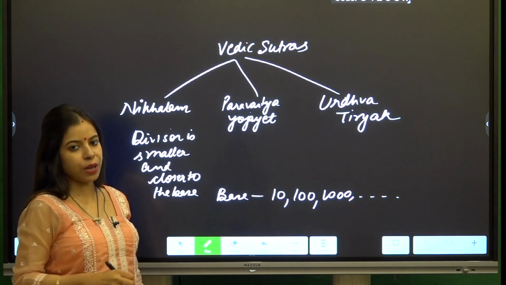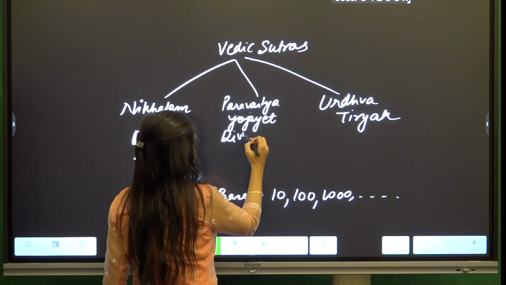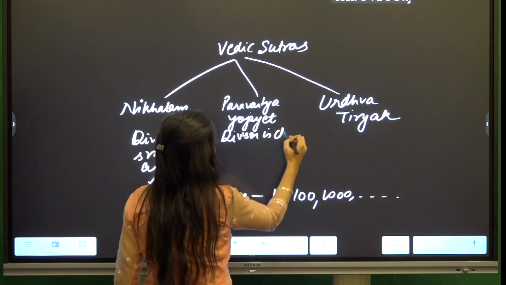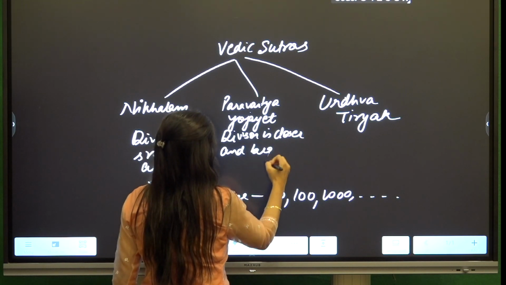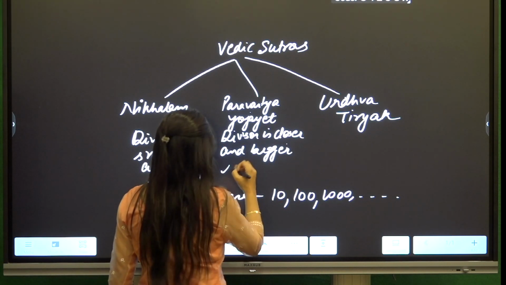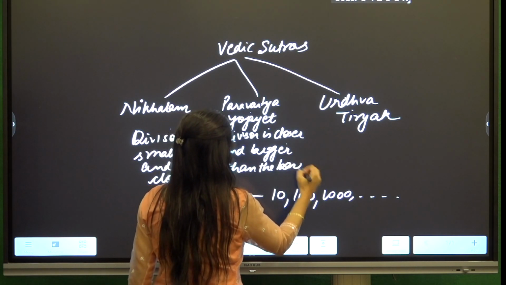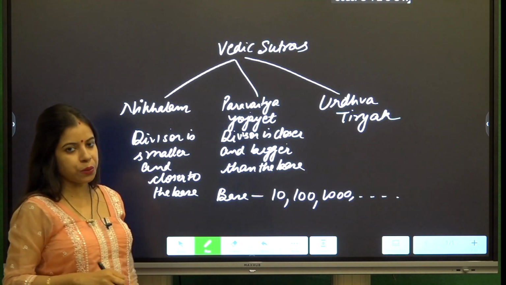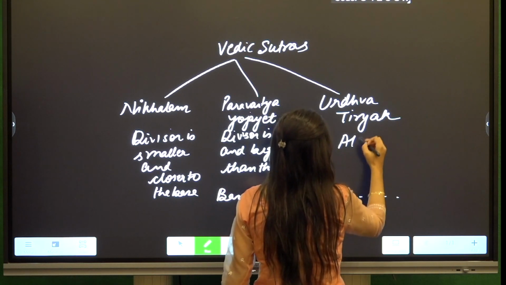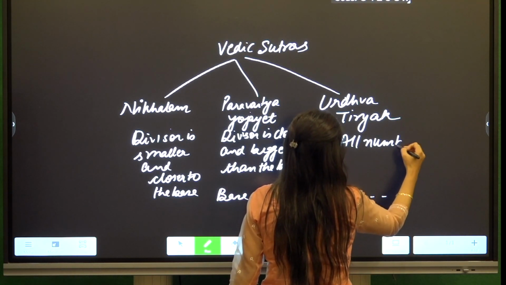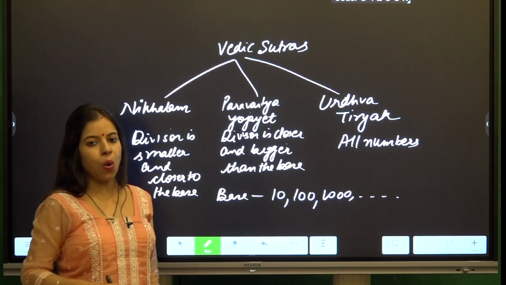The second sutra is used when the divisor is closer and bigger than the base. And the third sutra is applicable to divisors of all forms, that is, to all numbers.